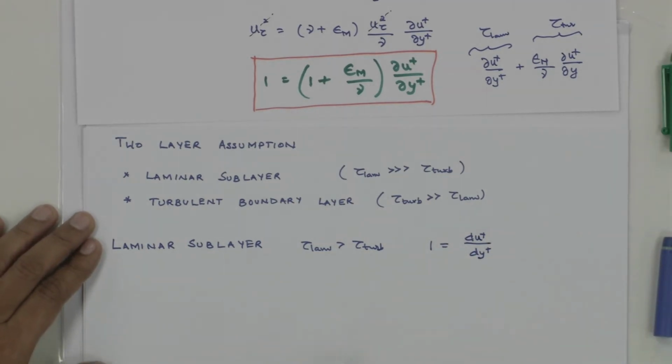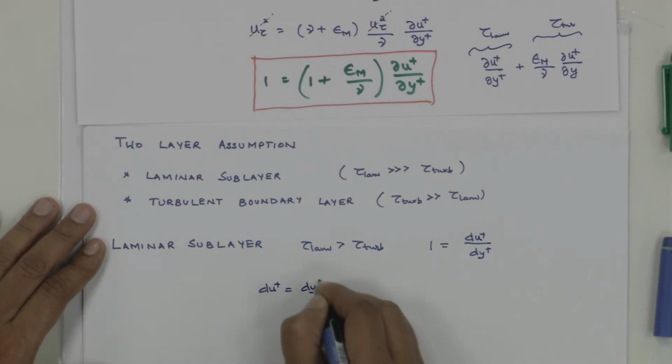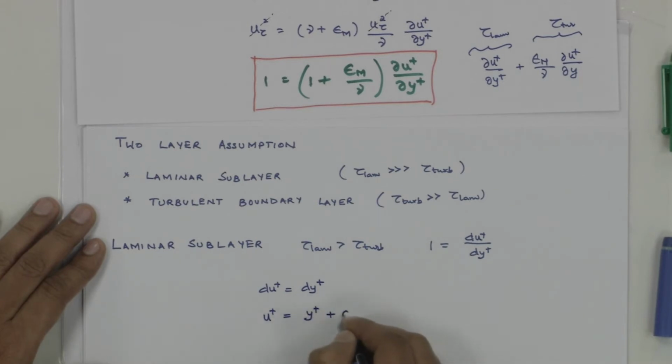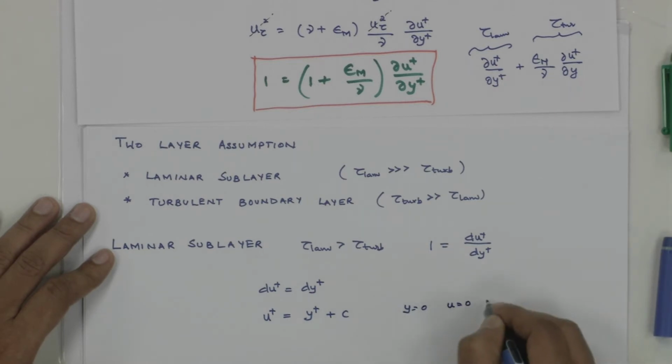Okay, so if I write this as du plus equal to dy plus and integrate, u plus equal to y plus plus c. But we know that at y equal to 0, u equal to 0, which implies that at y plus equal to 0, because y plus is nothing but y u tau by nu, and u plus is nothing but u by u tau.